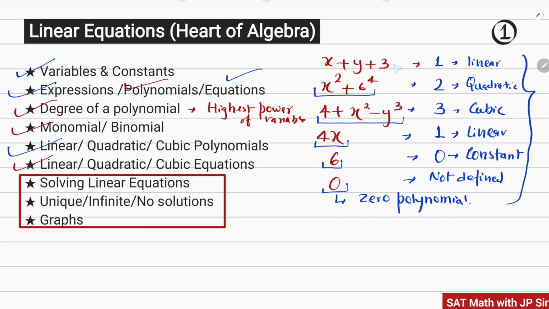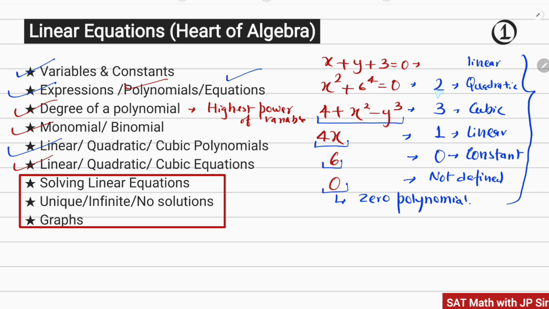But if we write this equals to 0, then this becomes a linear equation. If we write this equals to 0, 1, 2, 3, 4, anything, we can, but we will not change its highest power. Otherwise it will not remain a quadratic equation.